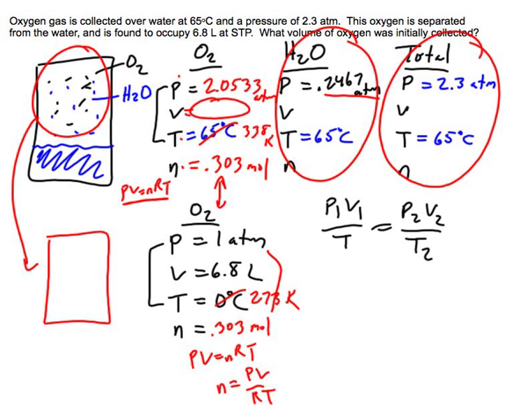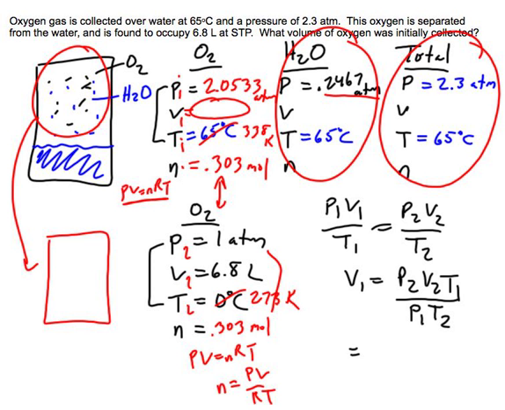I only care about how these two are related. Let's call this P1 V1 T1 and this P2 V2 T2. It doesn't really matter. I'm solving for V1, so algebraically, V1 equals P2 V2 times T1 over P1 times T2.